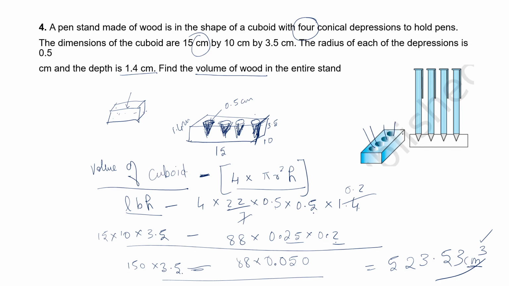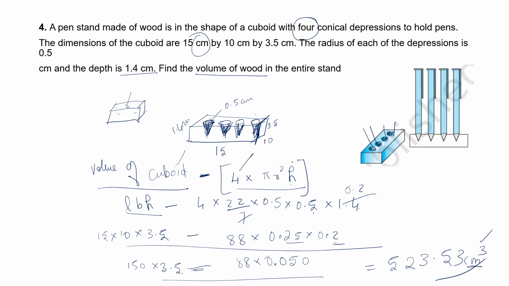They require the volume of the wooden stand only. So we have to remove all this cut shape volume, and the remaining will be the volume of the wood. First we have to take the cuboid, which gives a whole one without the depression, and from that we have to minus 1 depression, 2 depression, 3 depression, 4 depression. So we are multiplying 4 times.